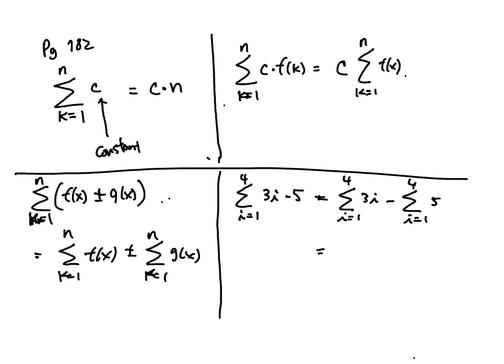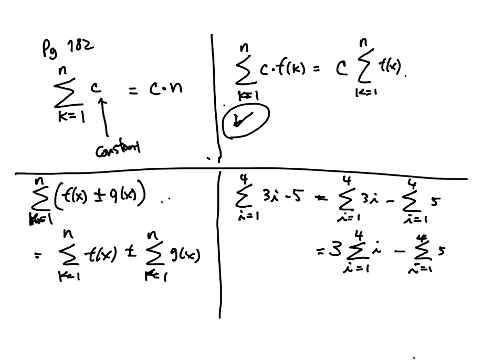Now notice the 3i, right? The 3 looks like this rule right here. So which means I gotta put that 3 in the front. And minus the summation, i equal to 1 to 4, and the formula is 5.